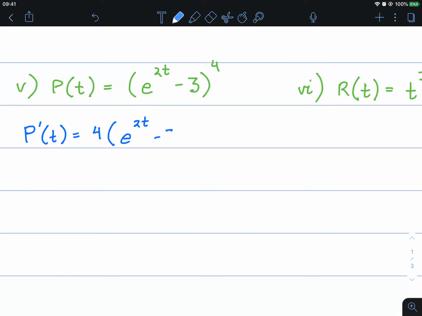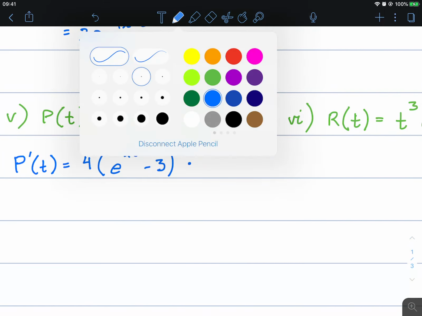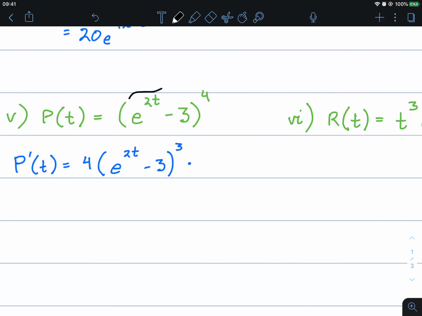e^(2t) minus 3, subtracting the power by 1, so to the power of 3, times the derivative of the inside. I'm going to do this in long form, okay, just to show you. I'm going to let the inside be u. So we need the derivative of the inside, u prime.